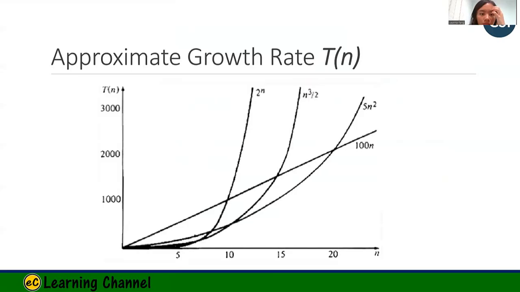Now, algorithm efficiency. So you will calculate how many steps are needed for a program. And if we formulate that, it will create a function of n, okay, how many steps you will need, and the function can be 100n, can be 5n squared, can be 2 to the power n, okay? It's different rates. We call them growth rates, okay?